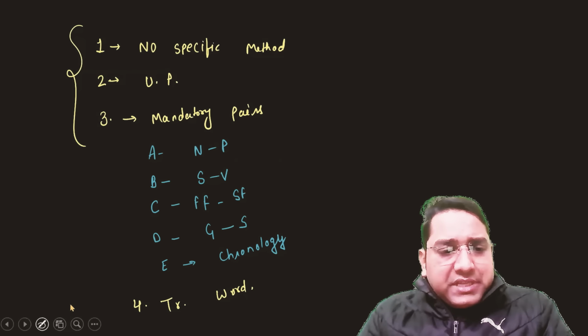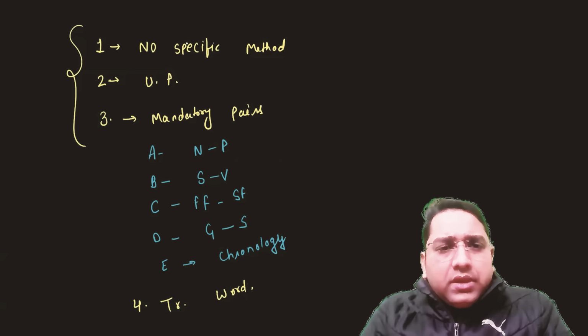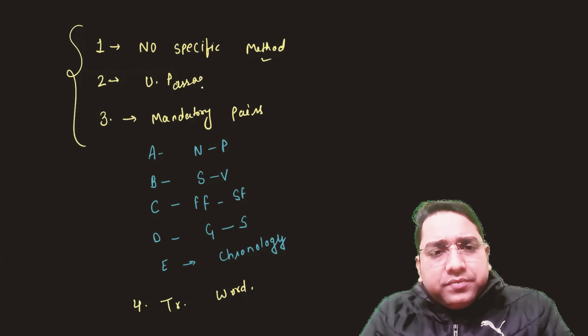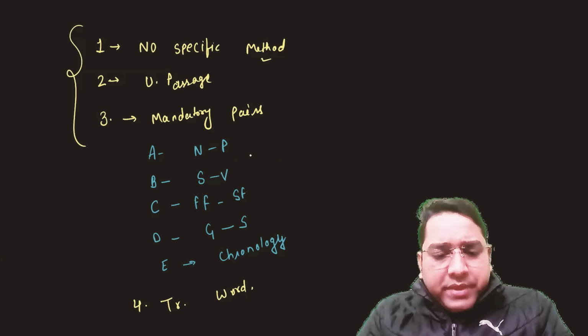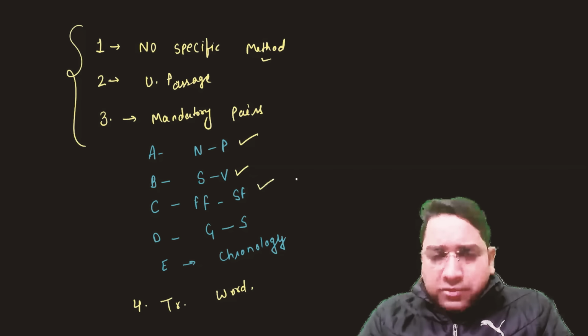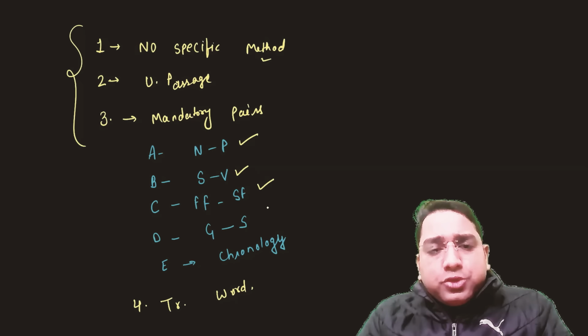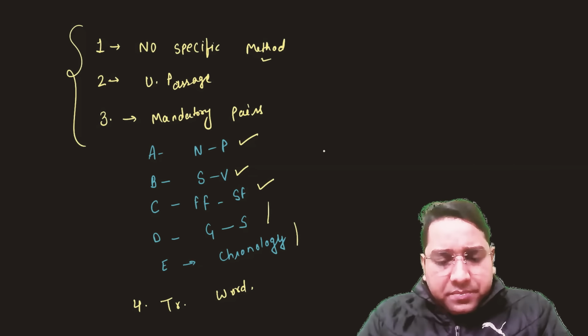The next point which is left, I think I have missed something. Let me show you. There is no specific method. Understanding the passage, right? Then make pairs. In pairs, noun pronoun relationship, subject verb relationship. Then I told you full form, short form relationship, generalized to specific, and I've also mentioned the chronological order, right?